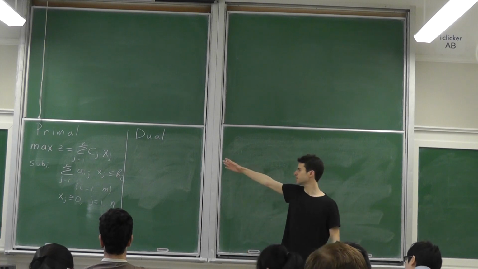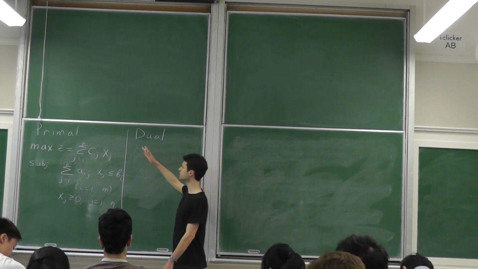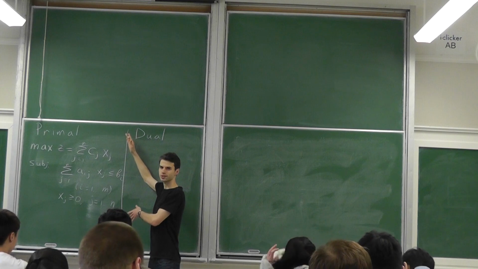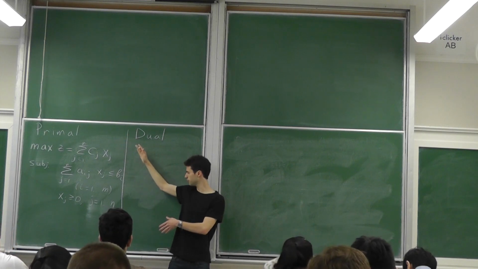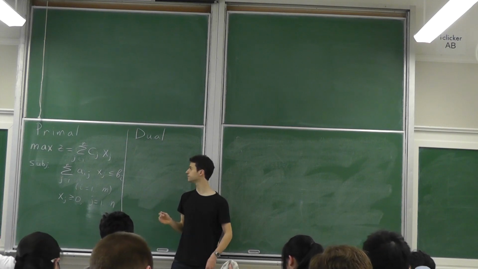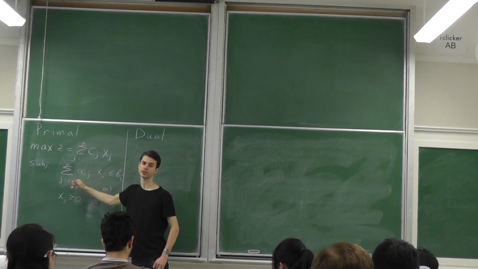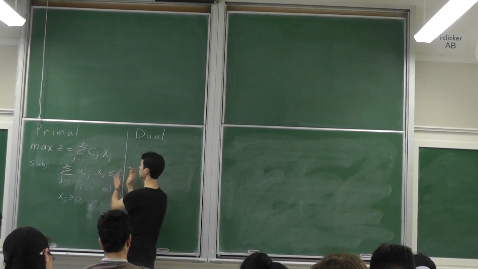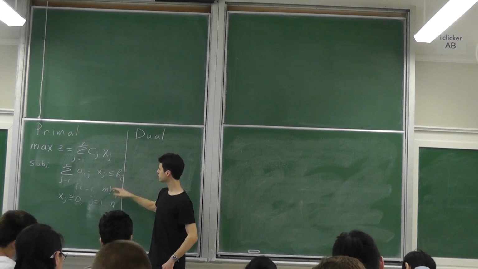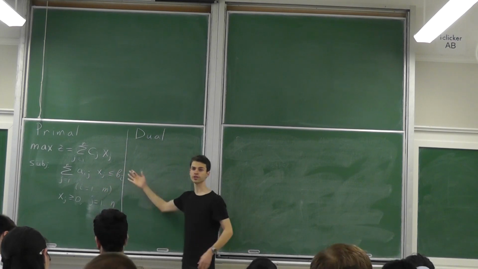So that's just another way to write a linear programming problem in standard form. You want to maximize a linear function subject to some linear constraints. Some linear functions smaller or equal than some number, and they just wrote it down in this way.